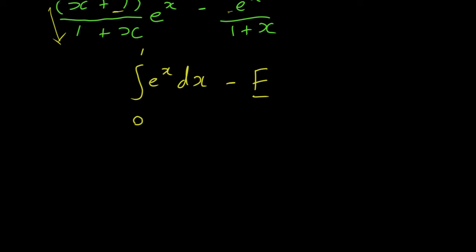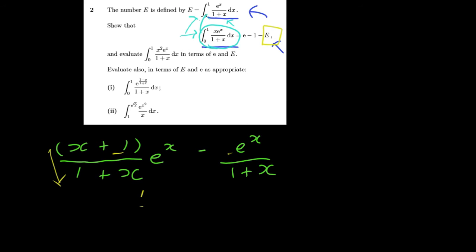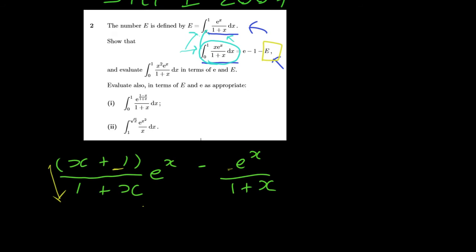But that's pretty easy because we know that if you integrate e to the x, you just get e to the x. So that'll be e minus 1. And this bit is minus e. So that was the trick there. Really just writing the numerator, adding and subtracting, making the numerator the same as the denominator to cancel that fraction.